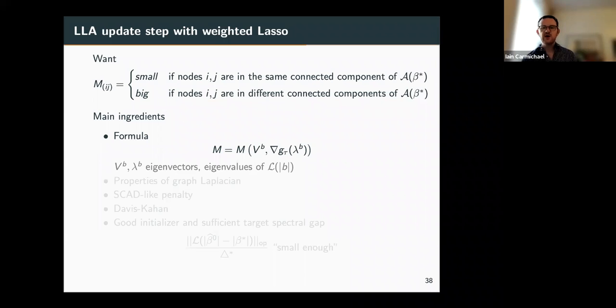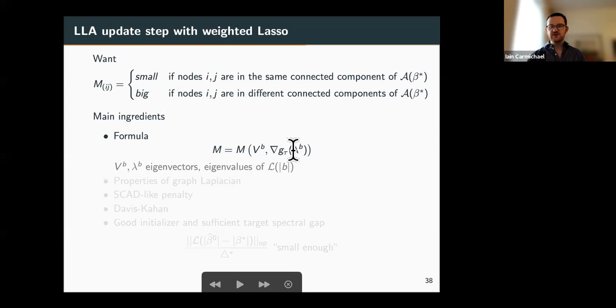So that's our goal. And you'll have to see the paper for the details of how we do this. But I can summarize the main ingredients. Namely, we have an analytic formula for the Laplacian weights M. And that formula depends on the eigenvectors of the Laplacian at our current guess, the eigenvalues, and namely the gradient of our concave function evaluated at those eigenvalues. And if you remember, I said that the SCAD-like functions have a flat region.